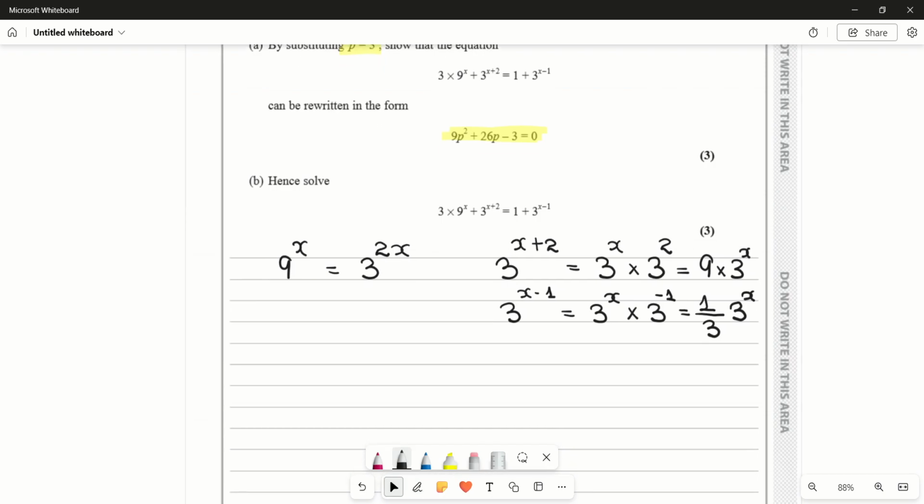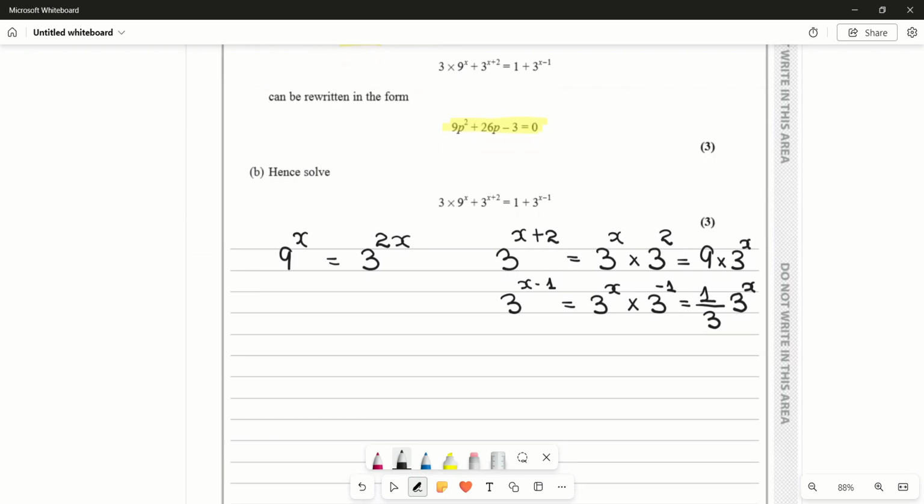So if I'm going to use all of this and I'm going to split this and rewrite it, I have therefore 3 times 9 to the x. I managed to write this down as 3 to the power of 2x, and add 3 to the power of x plus 2.